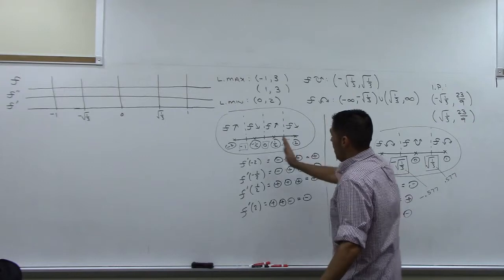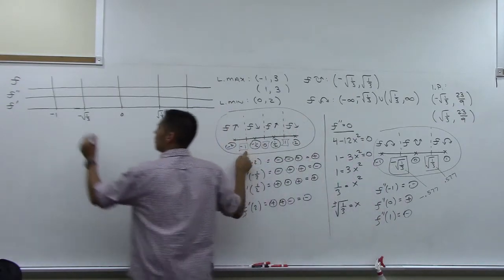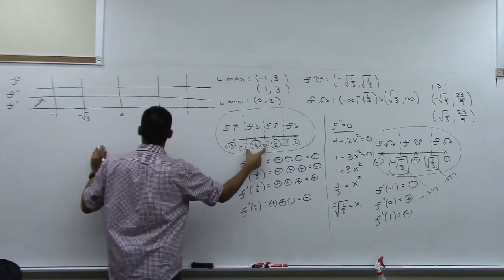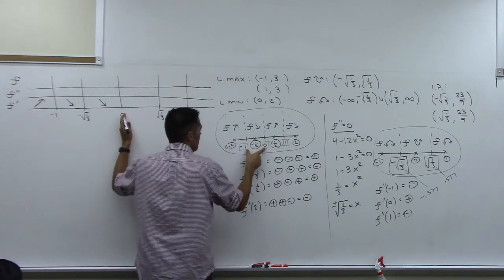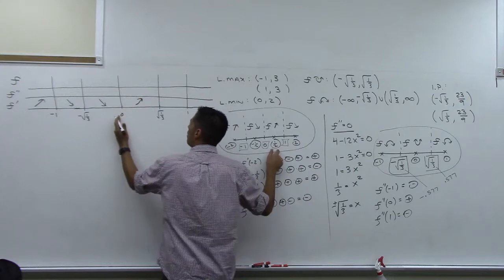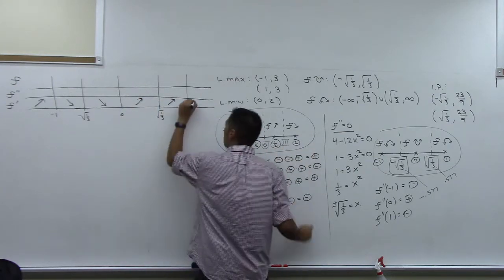All right, from this, to the left of -1, I'm going up. Between -1 and 0, I'm going down. From 0 to 1, I'm going up. And then once I get past 1, I'm going down.